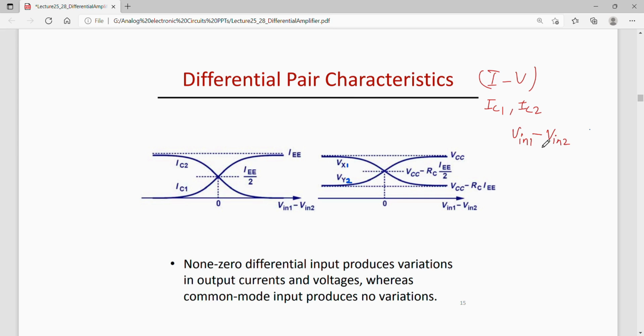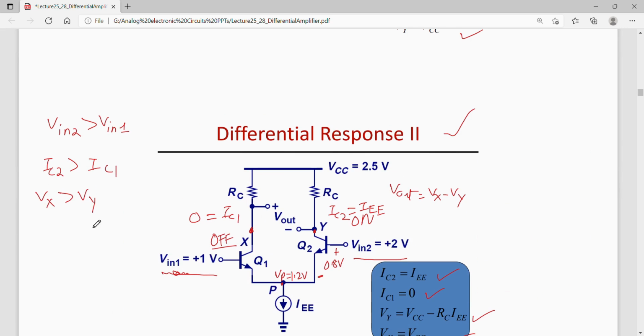instead of saying V in 1 and V in 2 separately, we would plot V in 1 minus V in 2 on the x-axis, and on the y-axis the two currents IC1 and IC2. Now we had seen from these two responses that when V in 2 was greater than V in 1, then IC2 was greater than IC1.